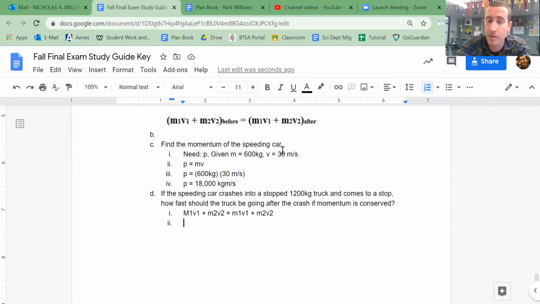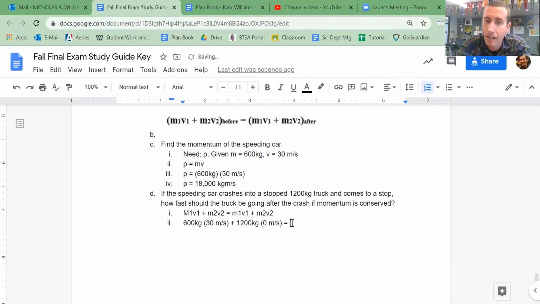That had a mass of 600 kilograms times its velocity of 30 meters per second, plus the truck, the stopped truck, which has a mass of 1,200 kilograms, but it has 0 meters per second as its original velocity, right? It's not moving, so it's stopped.